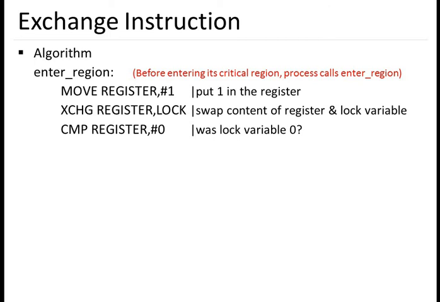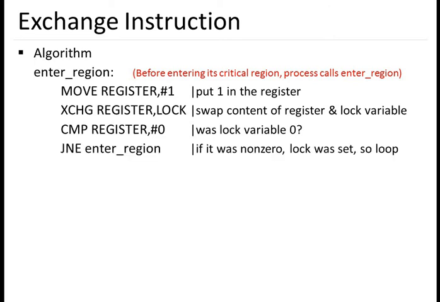If this comparison is true, the value of the register is 0 and it matches. So the comparison is yes, the value is satisfied. Okay, so jump not equal to enter region. If it was non-zero, that means the condition is true, the lock was set, and so loop.